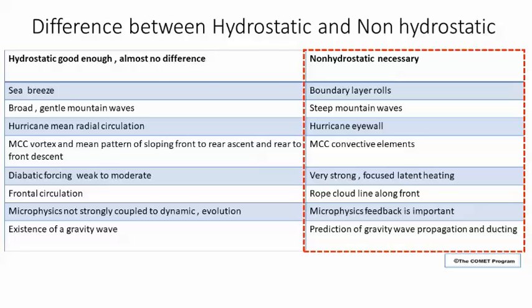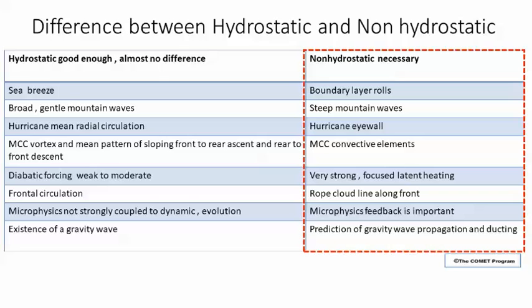For example, in situations such as sea breeze, broad gentle mountain waves, and frontal circulation, hydrostatic models perform well enough, with almost no differences.